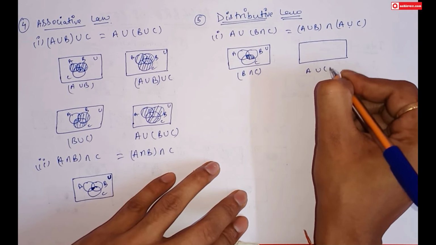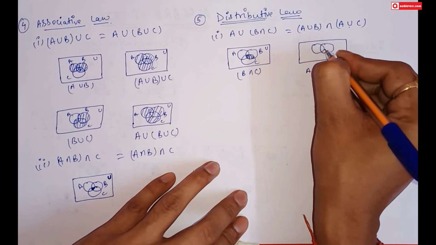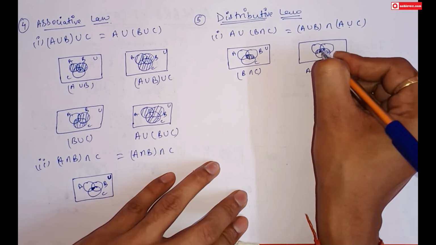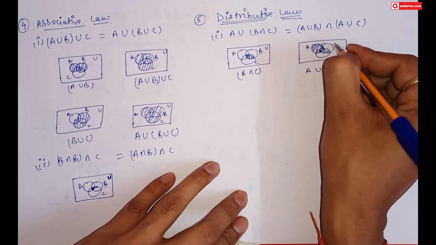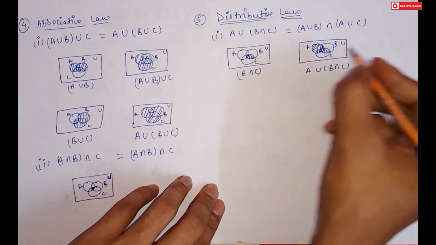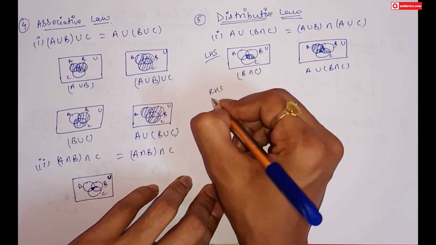So A union (B intersection C). So it will include this part, this part, this part, and whole of A. This is LHS. Now let's go to RHS.